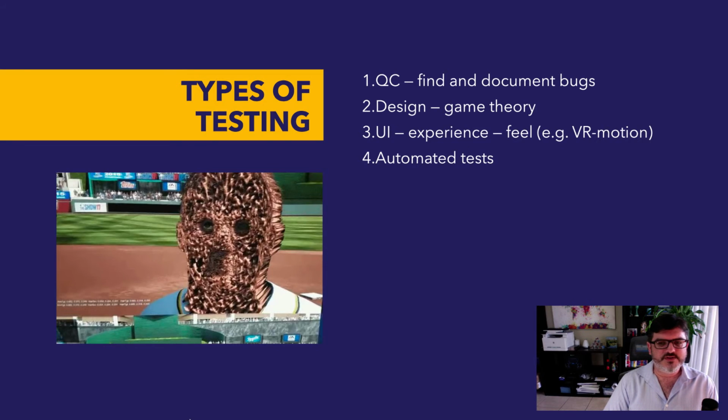There's also automated testing, and this gets into programming. Your game developers should be able to create tests that run through millions of simulations, right? So, for example, if I'm building a game, what happens if somebody leaves the game on pause for a year?